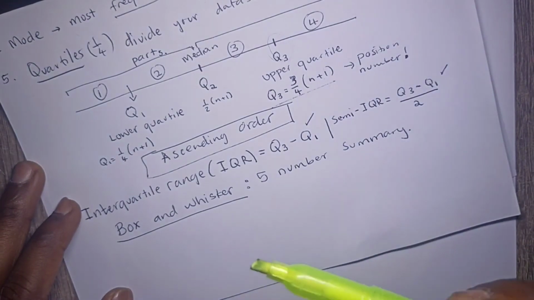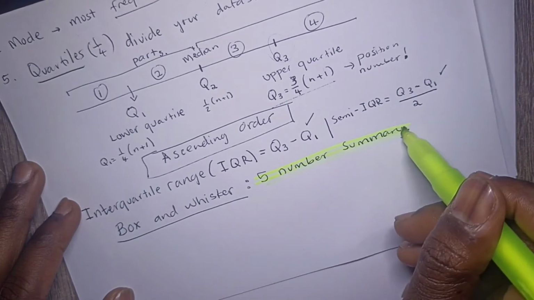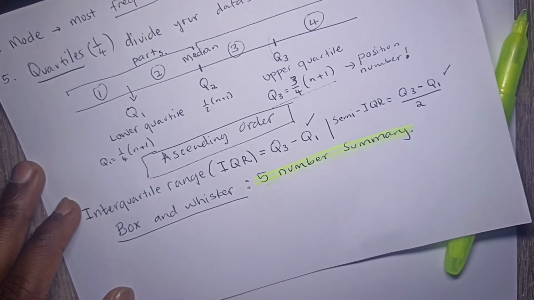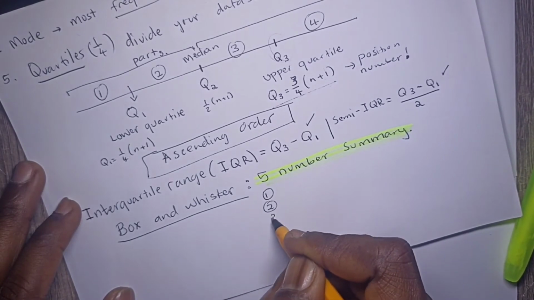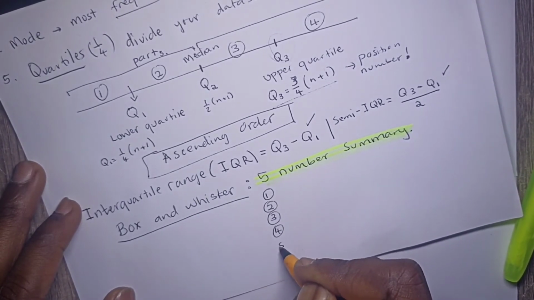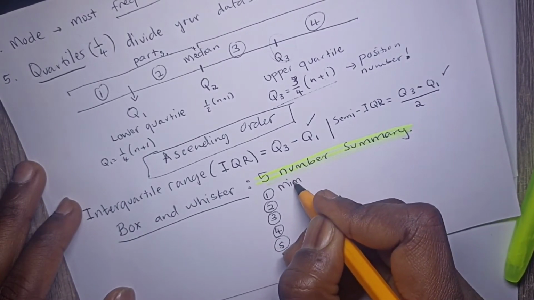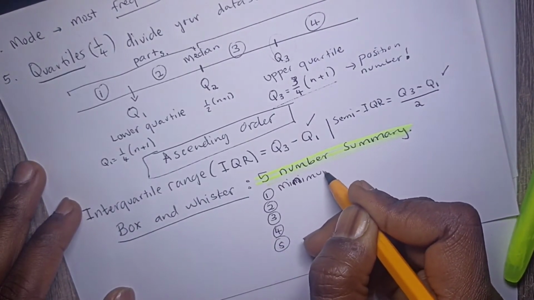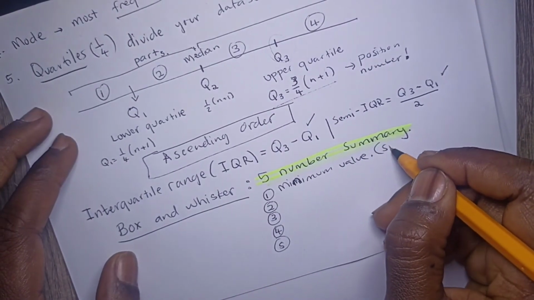From the data given, you need to find the minimum value, which is the smallest value.